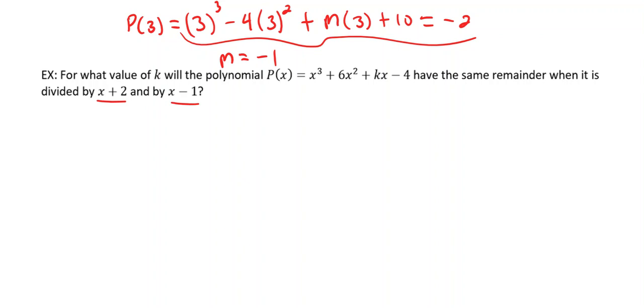So what this is saying is that whatever p of negative 2 equals, for a remainder, I don't know what it is, but it must be equal to whatever p of 1 is. Those two have to be equal to each other. Whatever they come out to will end up being the same number.